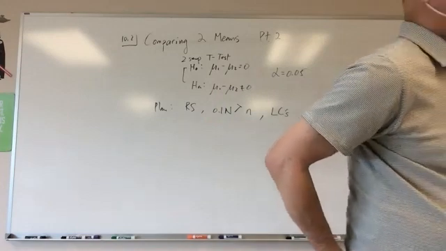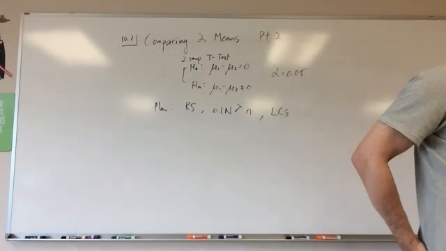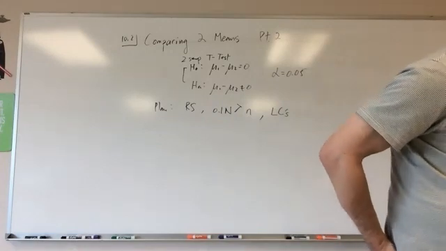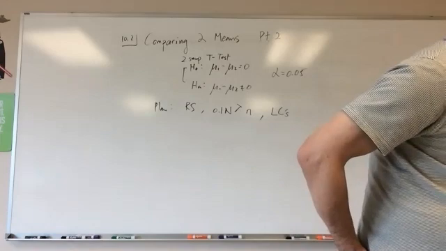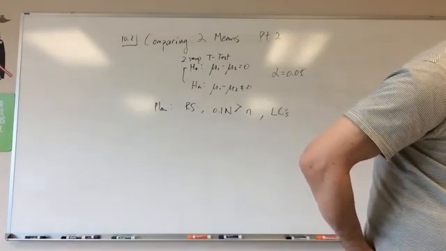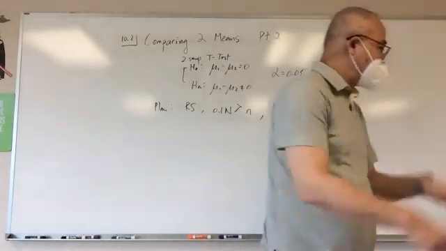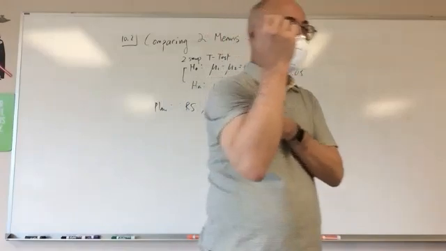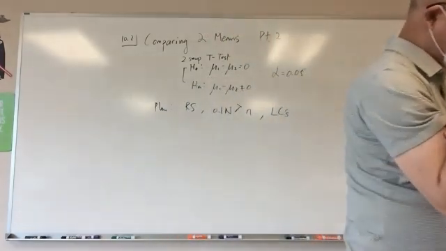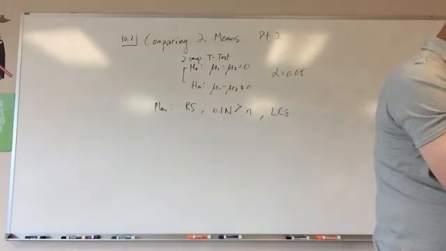If I know that they're normal, I'm still okay. If the population is of unknown shape and n is less than 30, then you would have to do a dot plot, histogram, or similar plot, whatever you want. Okay, so let's go ahead and do the example there.